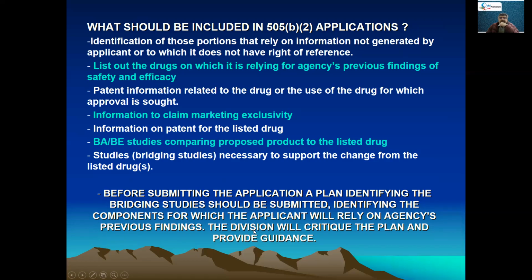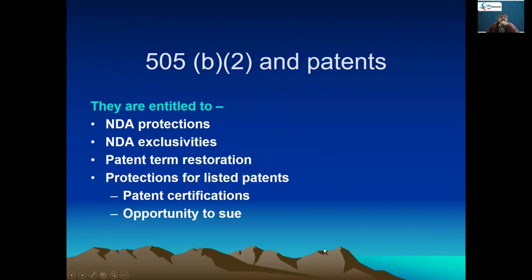The appropriate division of the US FDA will critique the plan and provide guidance. This helps in catalyzing the approval of new drug products by the 505(b)(2) route of approval. So we stop here, and in the next class we'll be discussing other aspects related to 505(b)(2) applications.